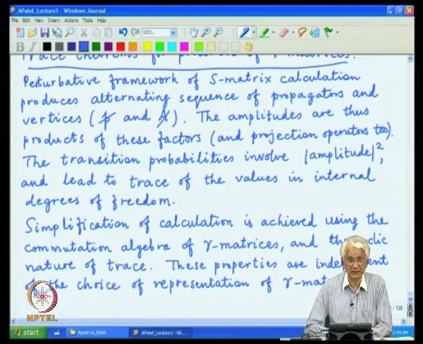So, the calculation can be done rather straightforwardly without using a specific basis.